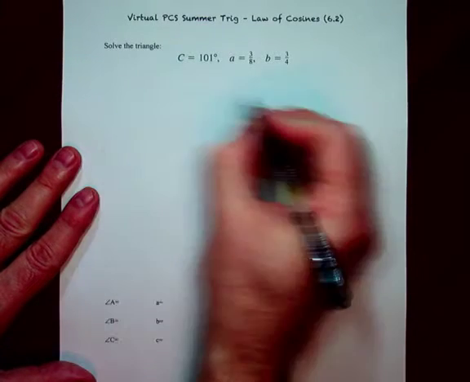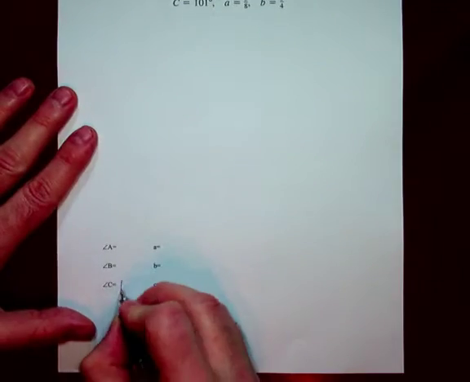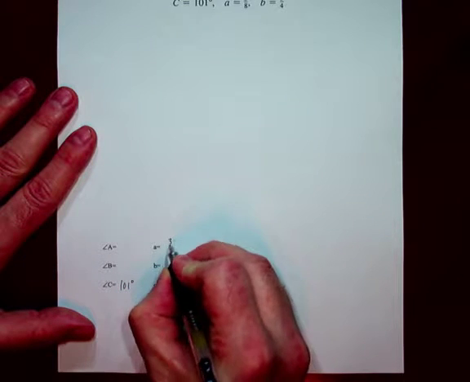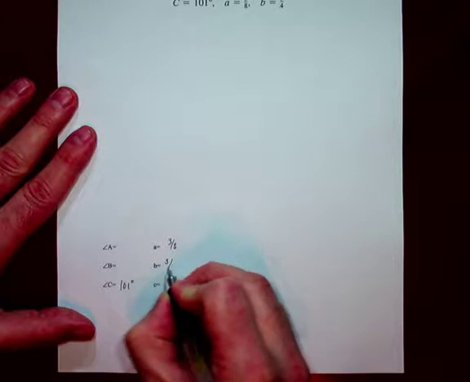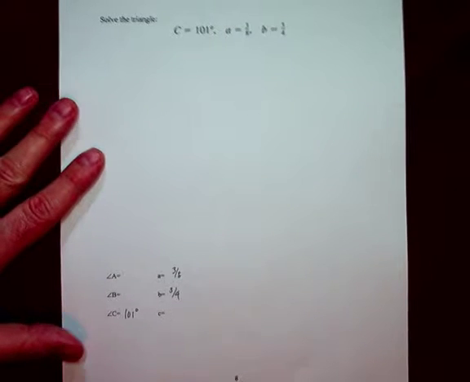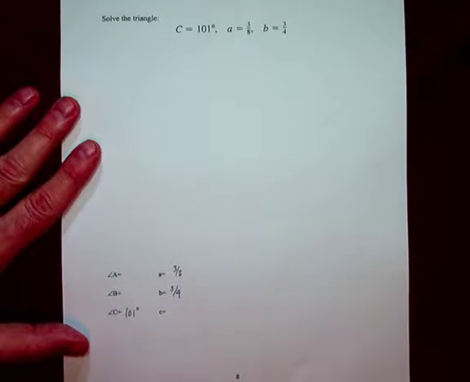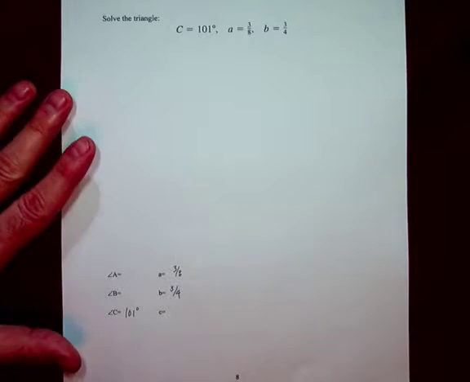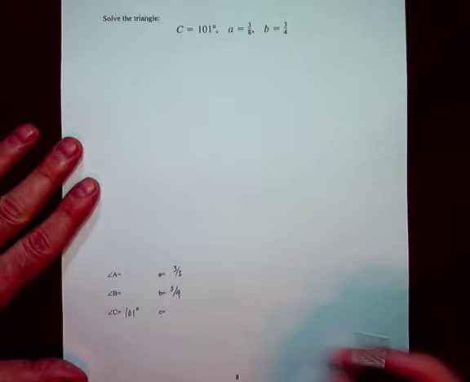But basically what we need here is, this winds up being 101 degrees, this is 3/8, and this is 3/4. Notice that you cannot make a full ratio, and therefore you need to use law of cosines.